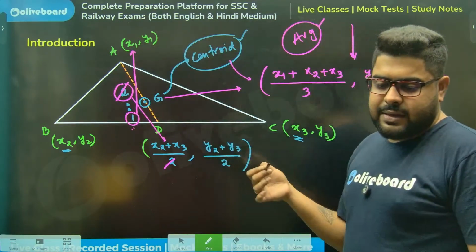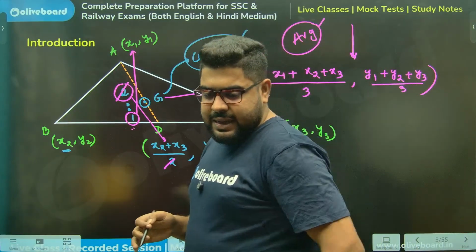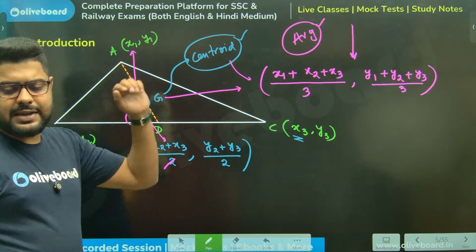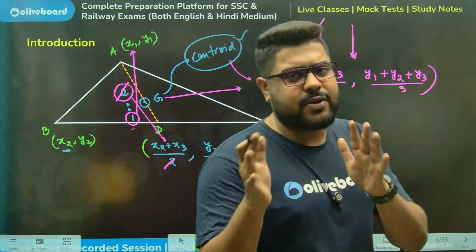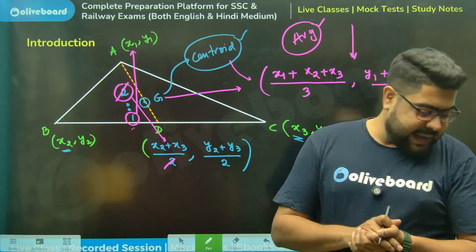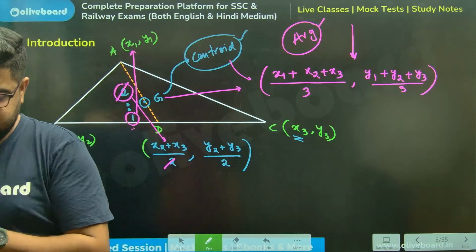Add all 3 by 3, and for y also add all 3 by 3. Is this clear? Nothing is difficult. It's simple calculation, you just need to apply your concepts. That's all. Clear, everyone? 100% clear?